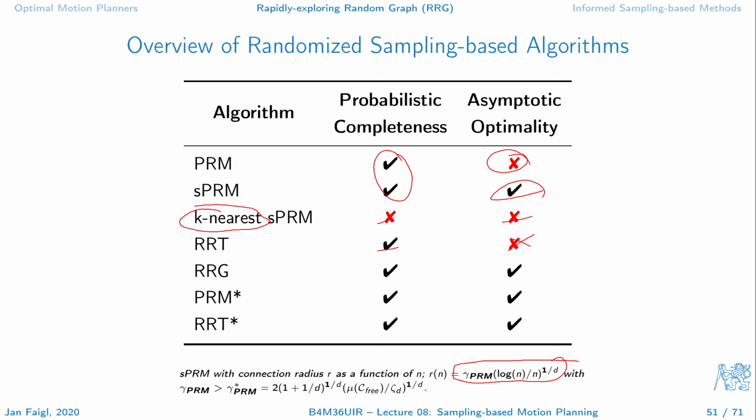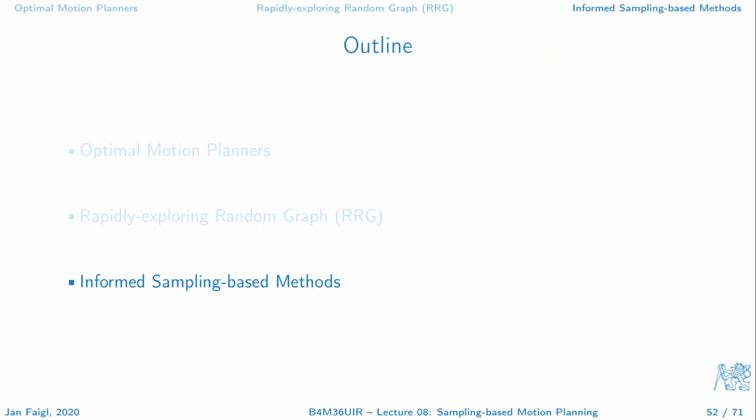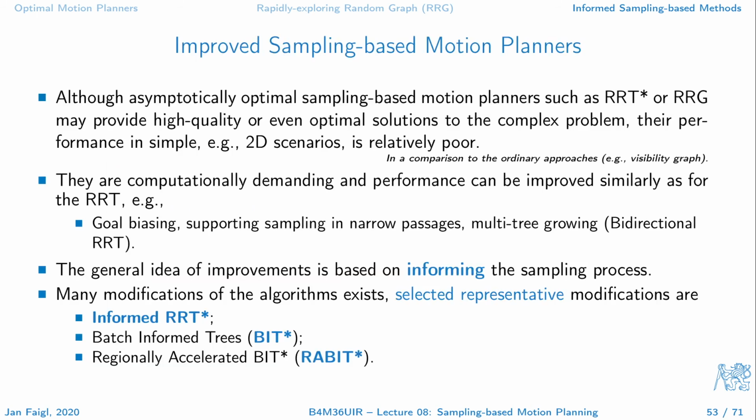So that's not very fast, right? And that's the reason why informed sampling methods have been proposed. And in this example particularly, I would like to show not only the improvements of the sampling-based method, but also the evolution, how it evolved and what has been introduced, as an example that, okay, there is some methodology.